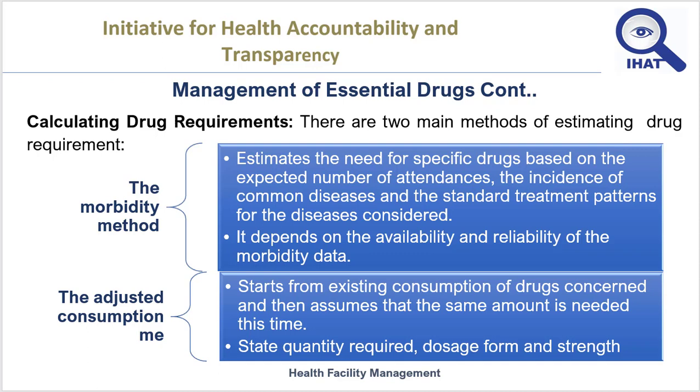It depends on availability and reliability of morbidity data. There is also the adjusted consumption method, which starts from existing consumption of the drugs concerned and then assumes that the same amount is needed, stating quantity required, dosage form, and also the strength.